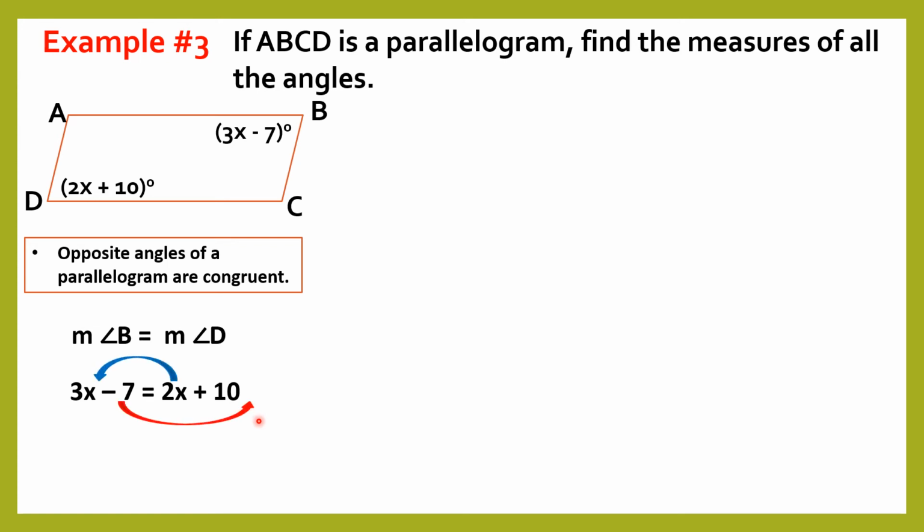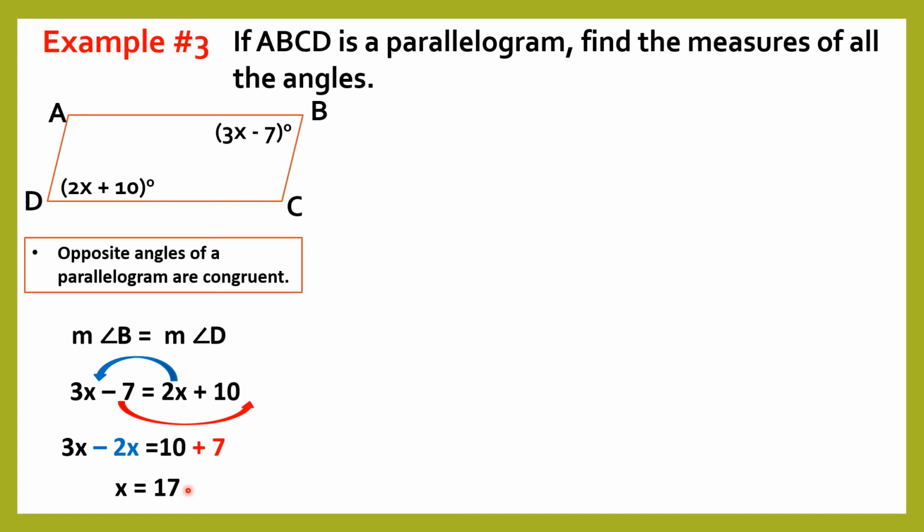So, when we transpose, they will change the sign. So, we will have 3x minus 2x, because 2x is positive here, is equal to 10 plus 7, because it is minus 7 here. Then, simplify 3x minus 2x, that is x. Then, 10 plus 7, that is 17. Therefore, x is equal to 17.